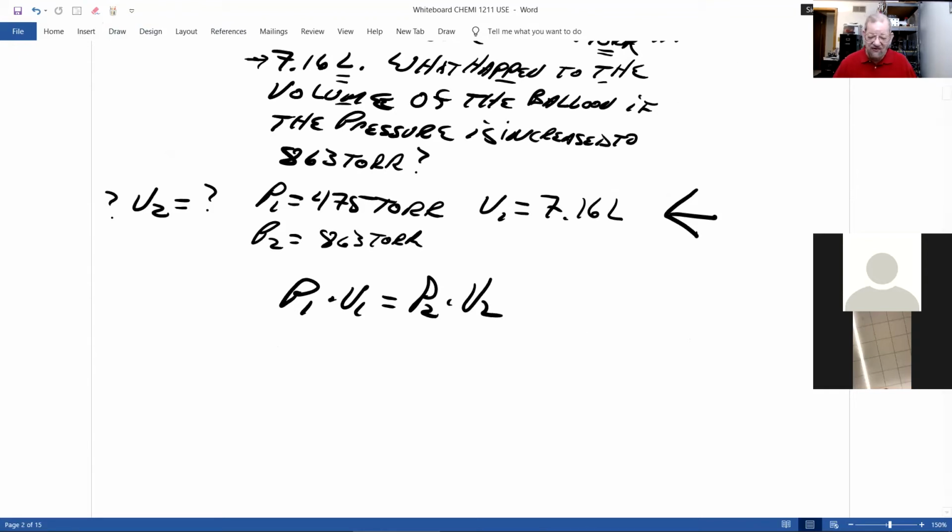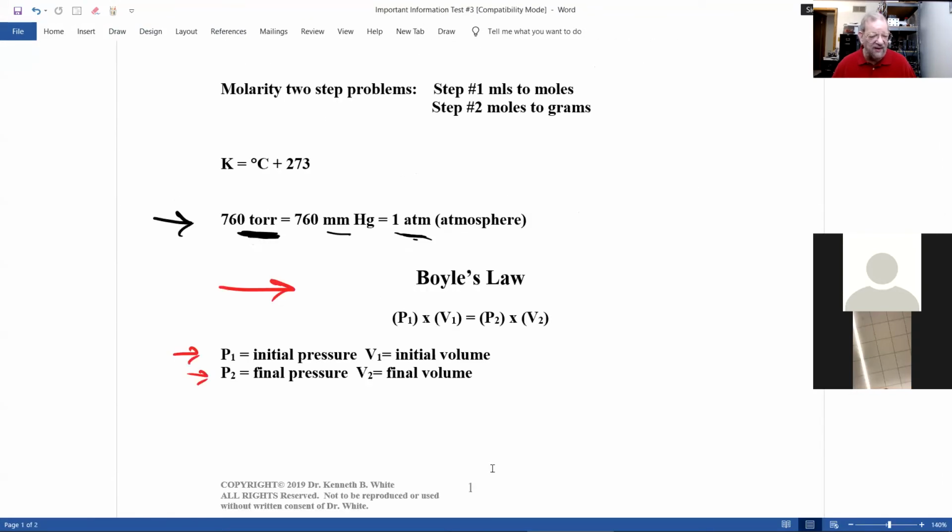And in case you forgot, you can always go to important information, test number 3, and here's what P1 V1 is, here's what P2 V2 is, and here's Boyle's law.